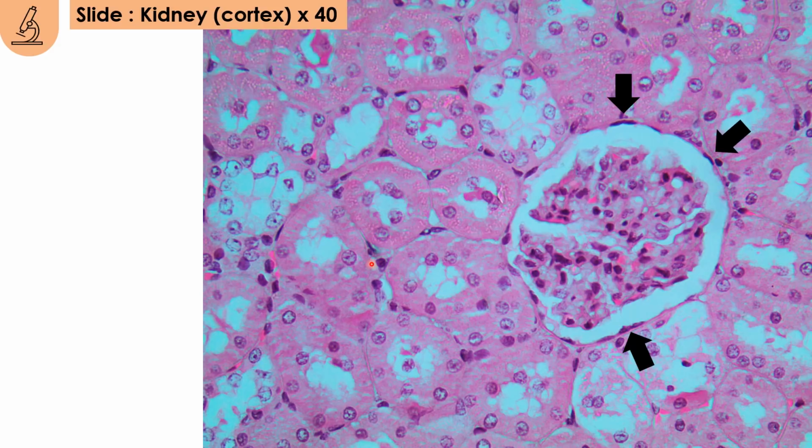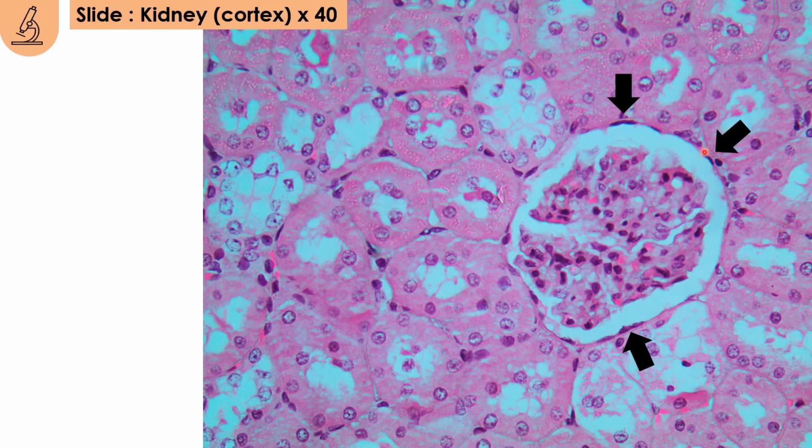Now I want you all to focus on the cells that I showed with the black arrows: 1, 2, 3. See the characteristics of these cells. This tissue is formed by only a single layer of cells, isn't it? That is one characteristic.